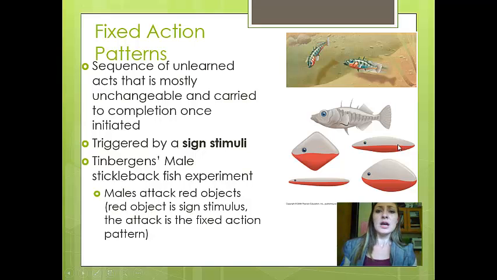What he found was that the red belly was a sign stimulus and caused the fixed action pattern for the male stickleback. The red belly caused the male stickleback fish to attack it and to go after it.